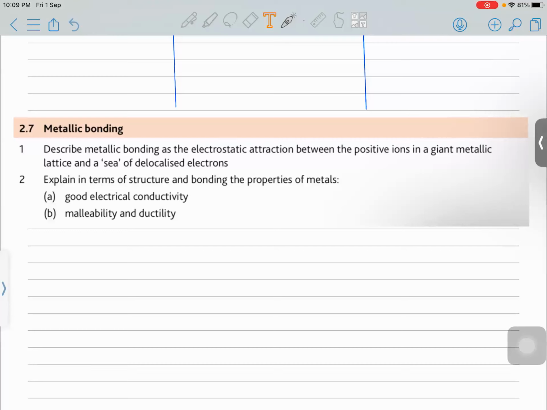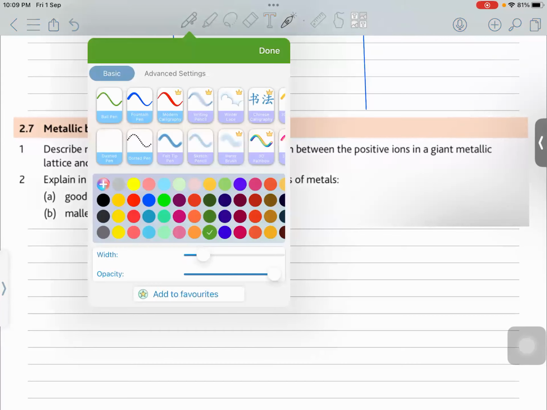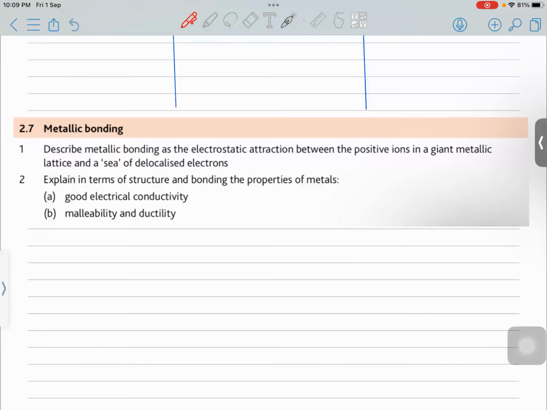Okay. So you know that metals have a special type of bonding known as metallic bonding, right? So all metals have a special kind of bonding known as metallic bonding. So make the heading metallic bonding.